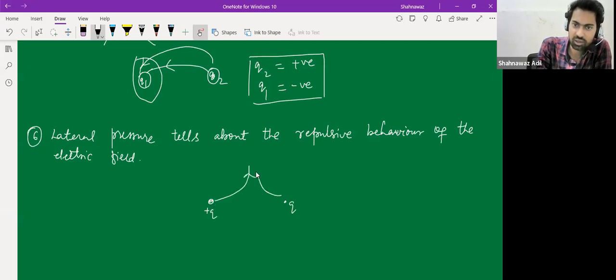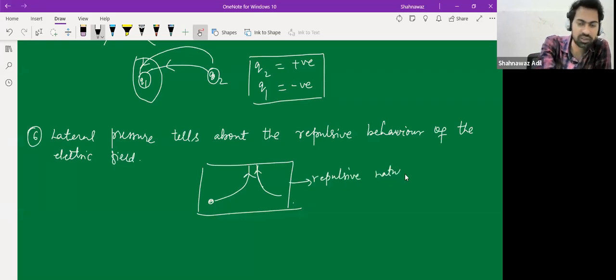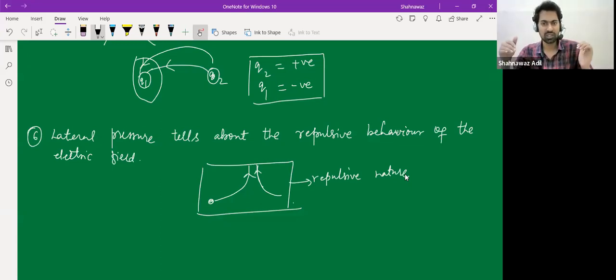So this tells that these two field lines are repulsing each other. They are not coming towards each other, they are repulsing. Let's not talk about the polarity here. So this will tell about the repulsive nature of the electric field. Understood, guys? So if two electric field lines come towards each other and then they move away, this tendency tells about the repulsive nature of the electric field lines or the electric field.